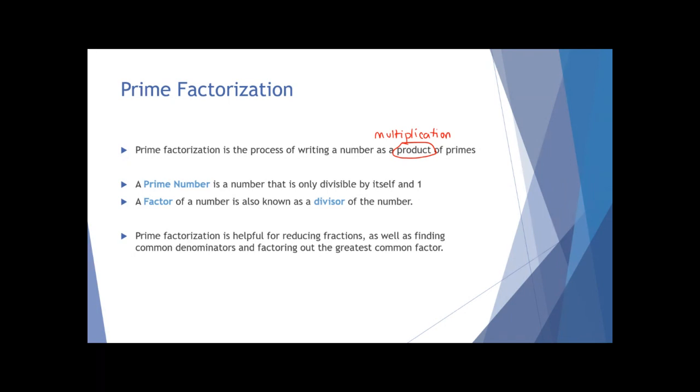It's harder for them to connect, which makes it even harder. So part of being successful at learning algebra is learning the language, the symbols, the grammar. So when you see the word product, that means multiplication. So prime factorization means we're writing a number as primes multiplied together. So that's what that means.